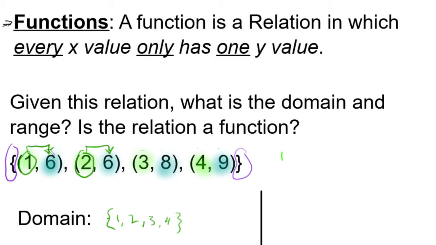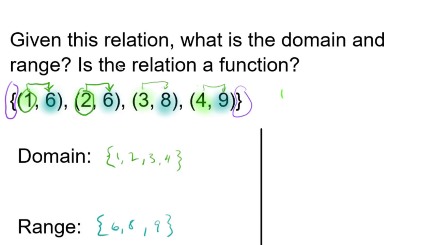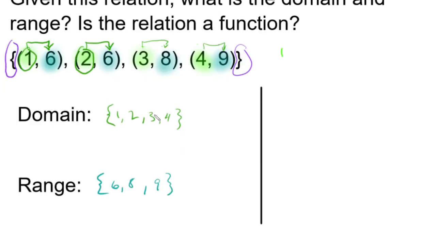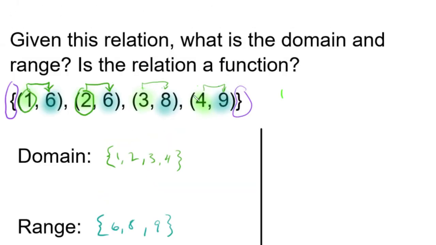I know that's kind of confusing, but it's easier when you can actually test for it. Basically, if you see the same x mapping to multiple y's, you've got a problem. It's not a function. Here 3 goes to 8, and here 4 goes to 9. These are all okay. Multiple x's are not even present here, so we don't have to worry about this being an issue. So this is a function. So given this relation, what is the domain and range? Well, look at that. We've already got the domain and range. Is the relation a function?